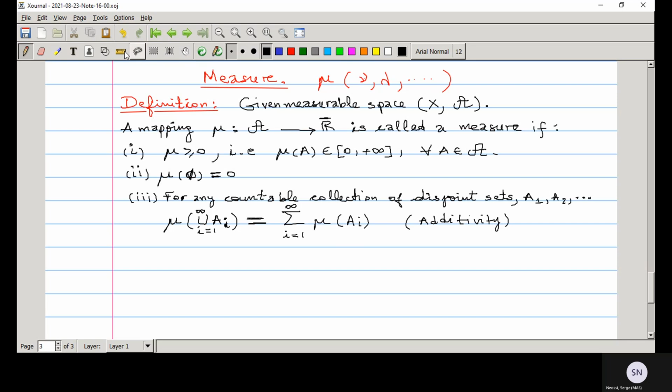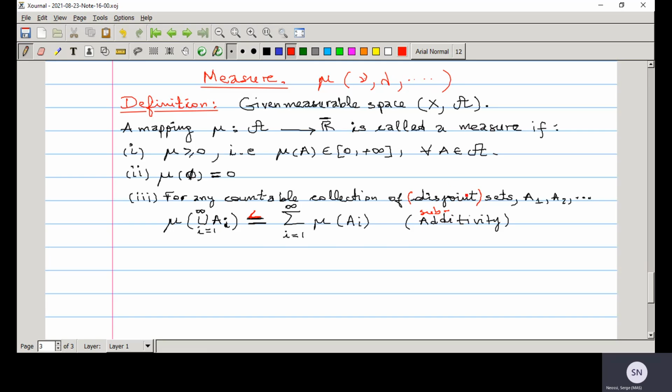So we have two definitions there: the case where the collection is pairwise disjoint, that is, two arbitrary sets are disjoint.